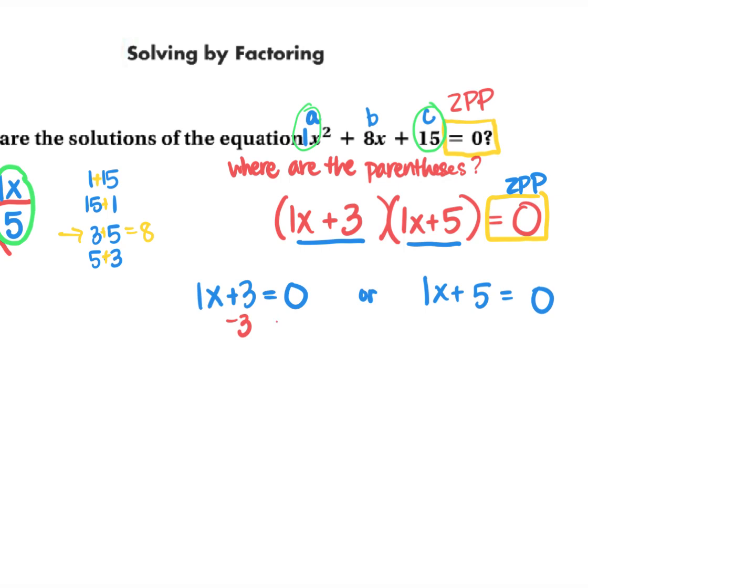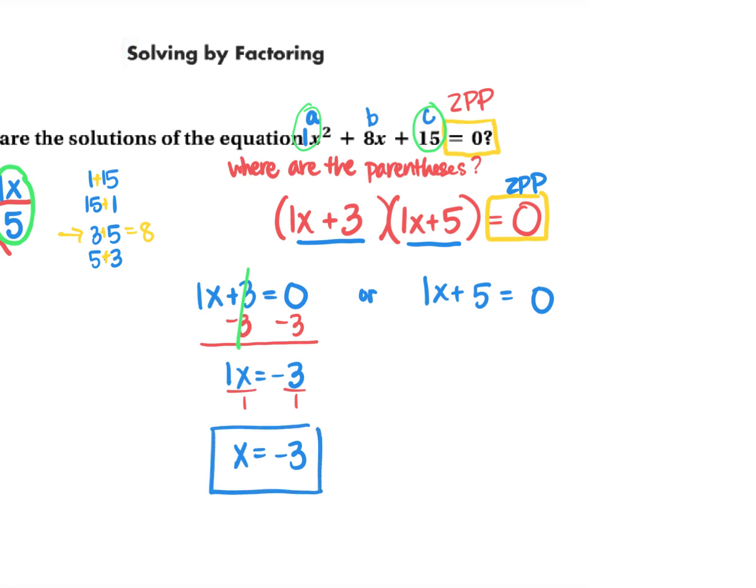To the +3, we want to do a -3. So the +3 and the -3 cancel each other out. We have 1x equals -3. To get x totally alone, we want to divide by 1. That makes x totally alone, and -3 divided by 1 is still -3. So that is one possible solution.